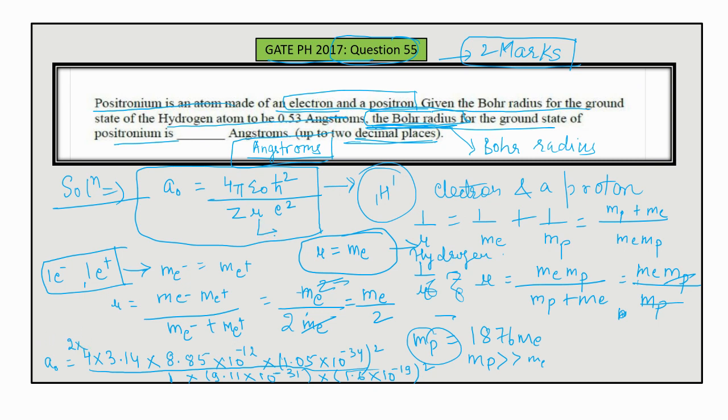Now this 2 will go up. There you will replace mu by me by 2, right? So this 2 will go to the numerator. So I'll write here, you will get a naught is equal to 8 into 3.14. If I'm making any mistake in the calculation, please tell me. You should also do this calculation with me side by side.